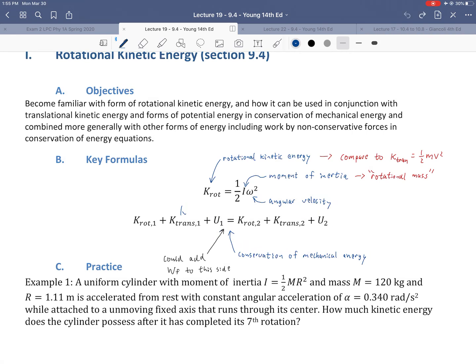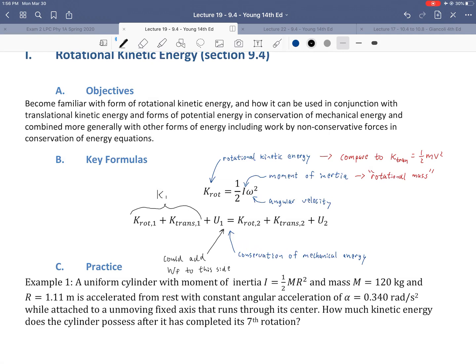The only difference is that K has now been separated into two separate terms. So collectively, K rot 1 and K trans 1 is the total of K1. Together, those two terms sum to the initial kinetic energy of the system.